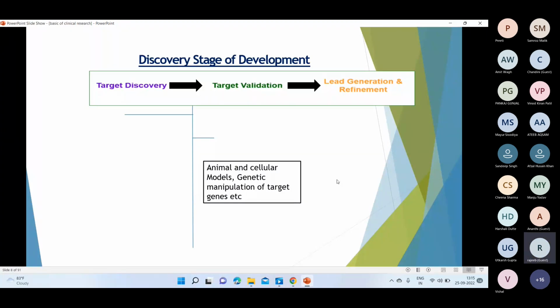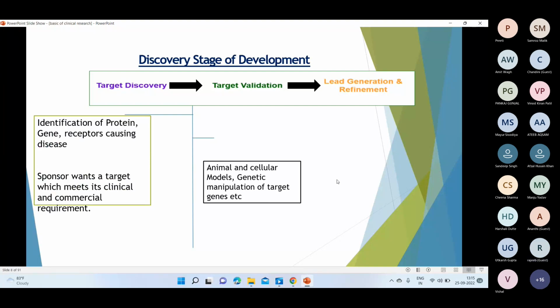So the discovery stage of development itself has three stages: target discovery, target validation, and lead generation and refinement. Now we will see what they mean. In target discovery, we will identify the protein, gene, or receptor responsible for that particular disease. For example, somebody is suffering from hypertension.